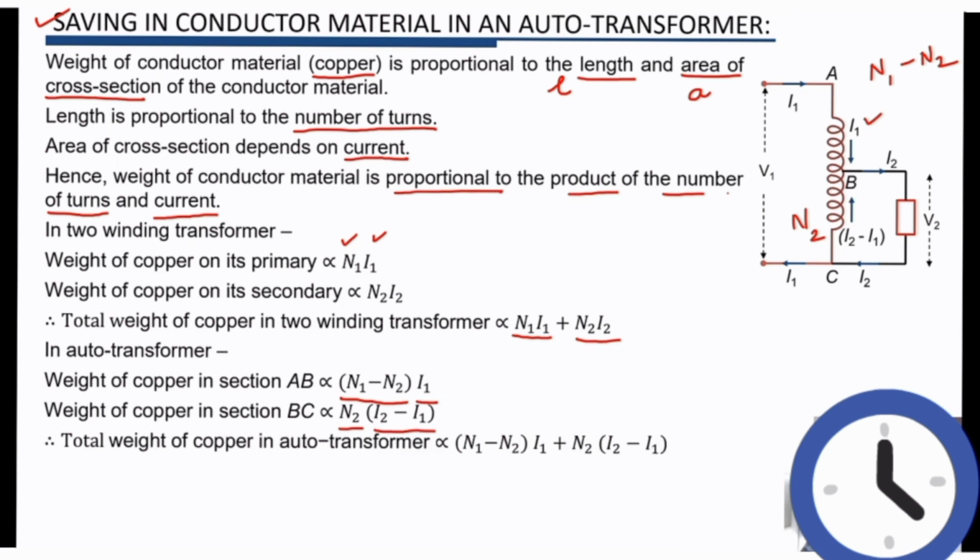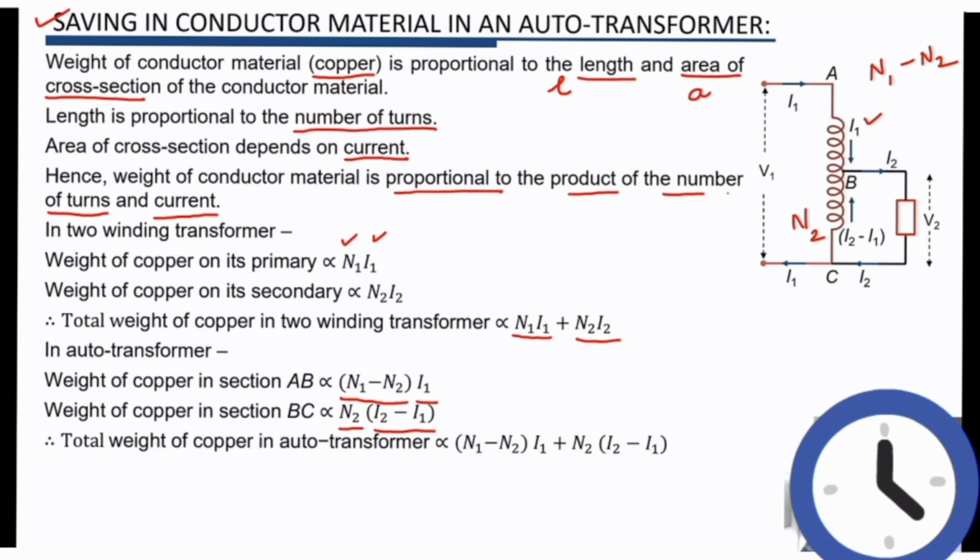So we take the weight of copper in the primary as N1 I1, the number of turns and the current passing through winding N1. Similarly, the weight of copper in the secondary is N2 I2. So the total weight of copper in a two winding transformer is obtained by adding both primary and secondary.